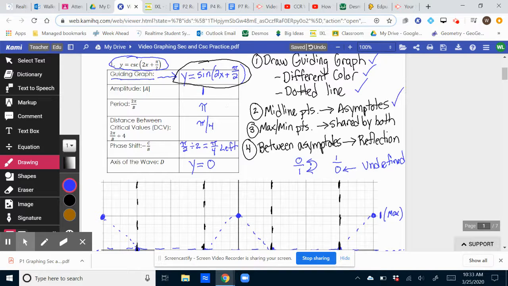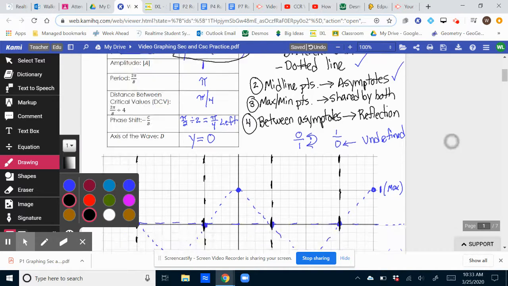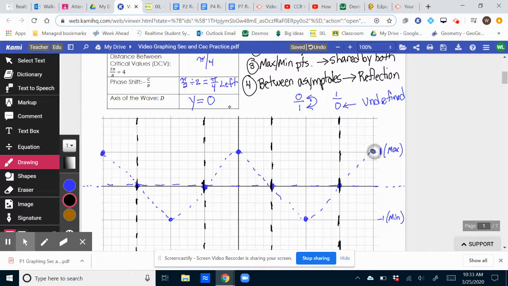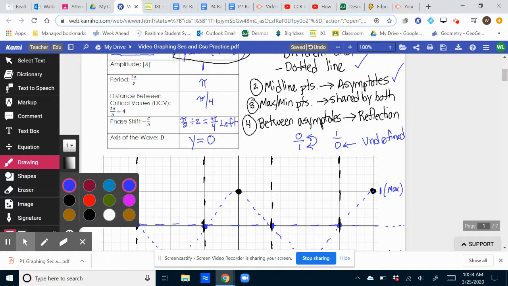Done with step 2. Step 3, max and min points are shared by both. So these max and min points are actually also on your cosecant graph. Okay, so max and min points are shared by both. Okay, finally, last step.